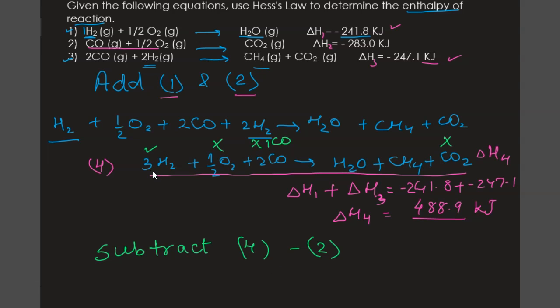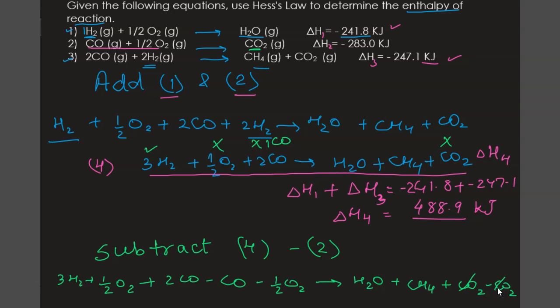When we do that, we're going to put in 3H2 plus half O2 plus 2CO minus carbon monoxide minus half O2 gives us water plus methane plus carbon dioxide minus the carbon dioxide that we get from the second reaction. And now the like terms get subtracted.